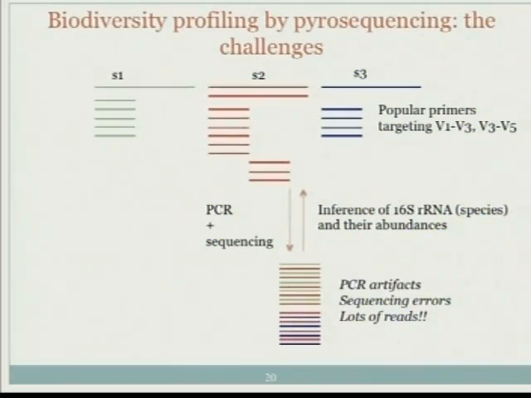And they have different types of errors. So the problem is, once you have all those reads and they contain errors, you try to figure out what the original species are that those reads were amplified from.